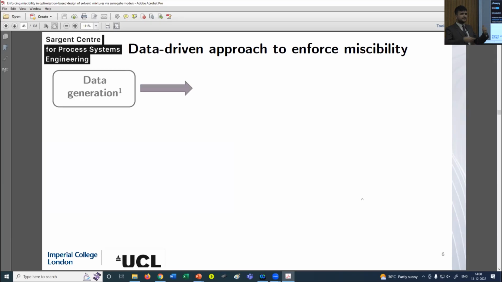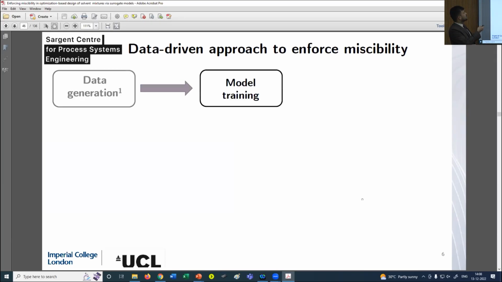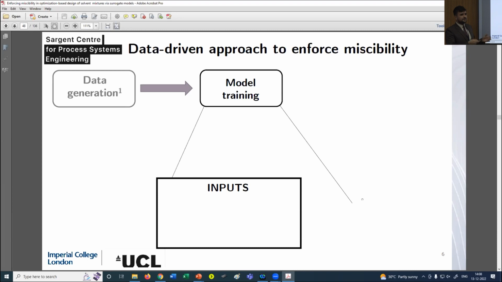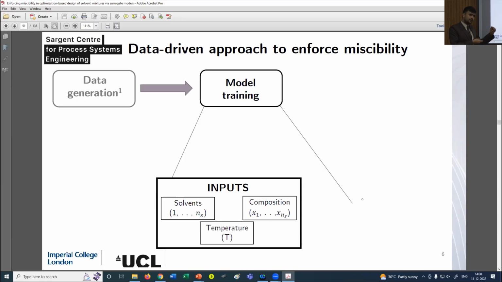So once we have the data, we need to train our model. So to train the model, first we need to decide what our inputs to the model would be. So the inputs would be the identity of the solvents, the composition of each component in the mixture, and the temperature of the process condition. Here, I would like to point out one important thing: the identity of a solvent is a discrete choice.